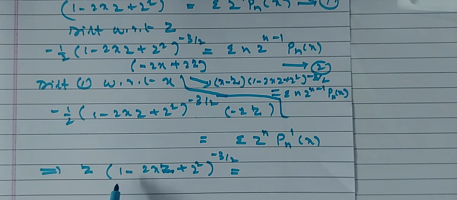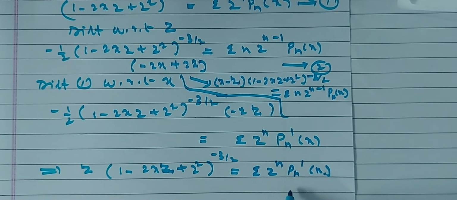Next, z into (1 minus 2xz plus z square) to the power of minus 3 by 2 is equal to sigma z power n Pn dash of x. Take this as equation 3.